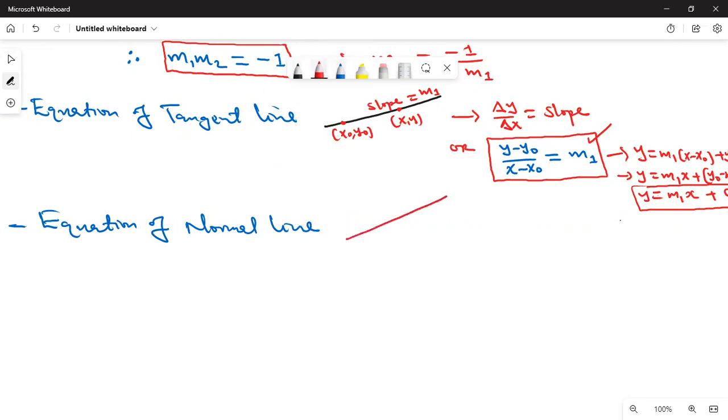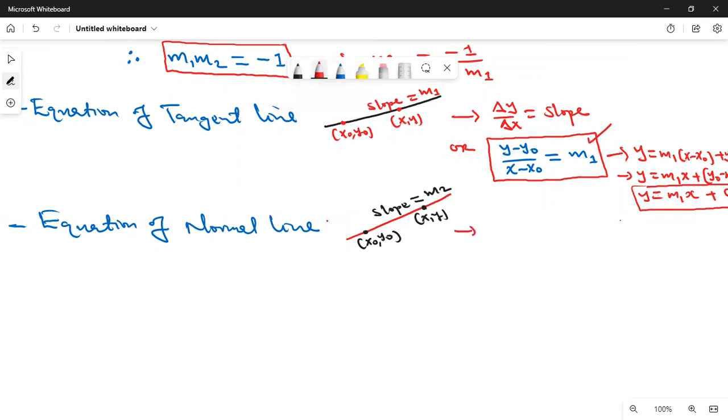We have this line as a normal line. We know a normal line also passes through point x naught, y naught. Think of any other general point, call it xy, and you will know the slope. The slope of this line is equal to m2. So it is now easy to find the equation.